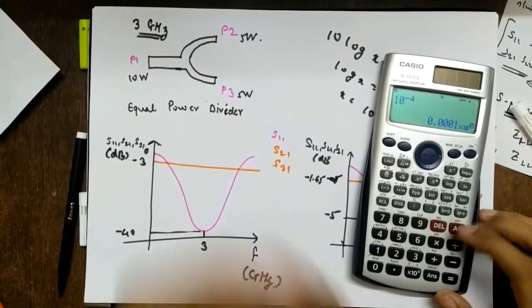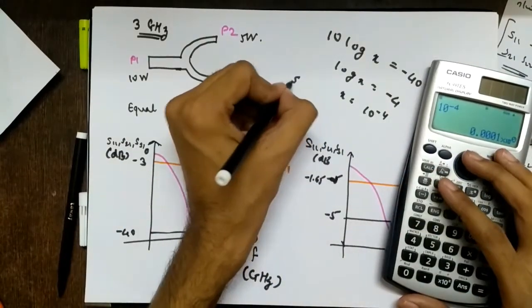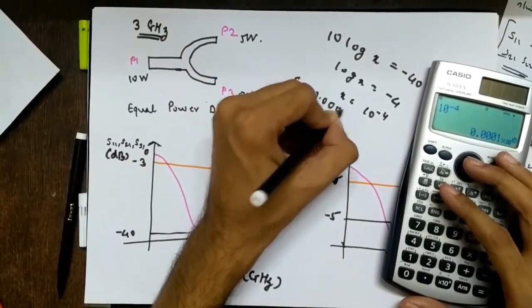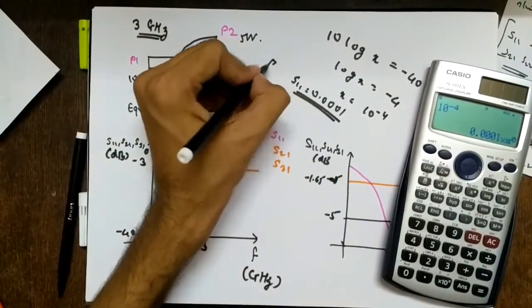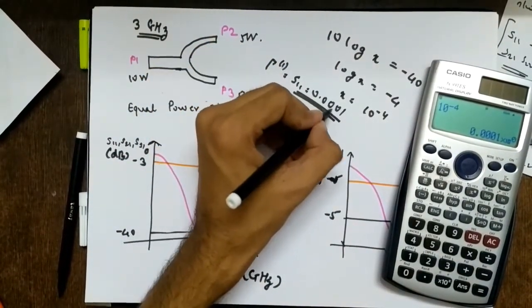0.0001, right? And this is S11 only. This is the gamma value at 3 gigahertz, so this is nothing but gamma at port 1, which is 0.0001.